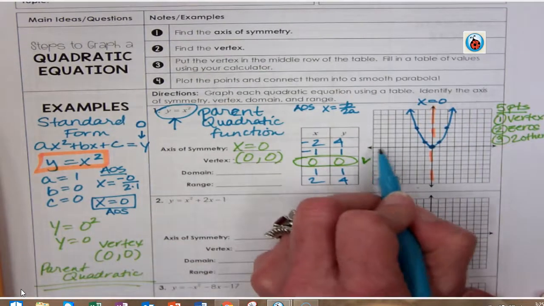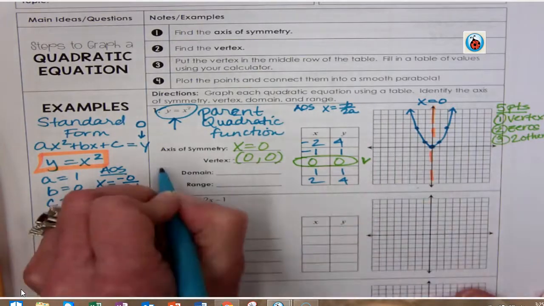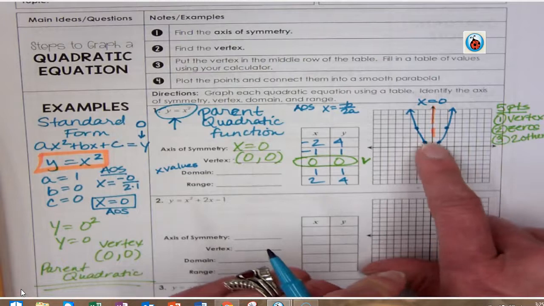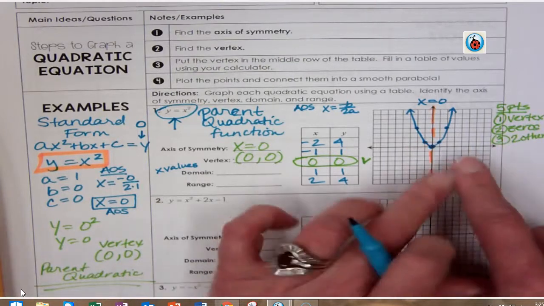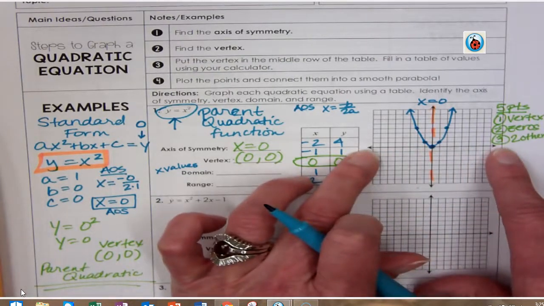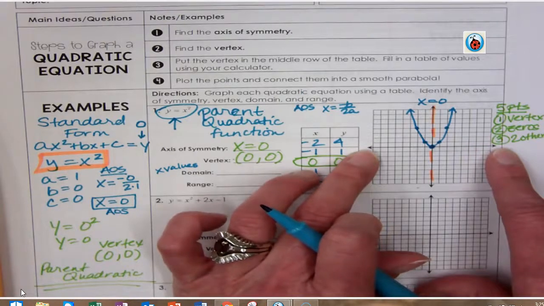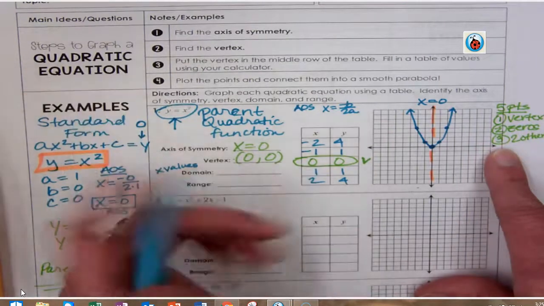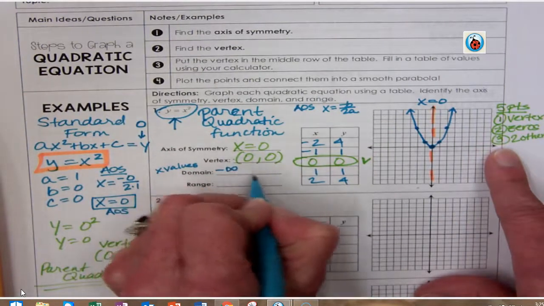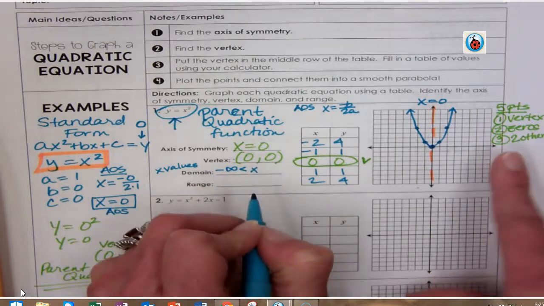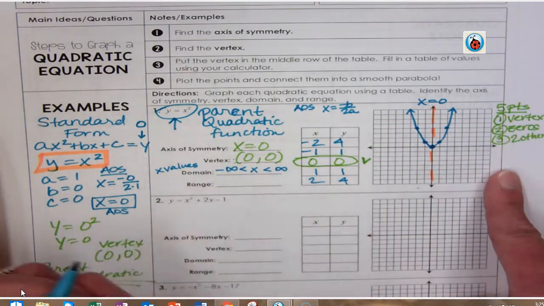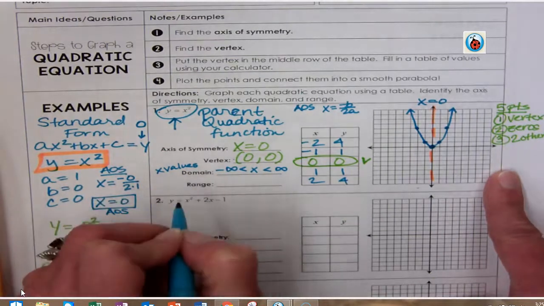The domain is basically your x values, and it is saying, looking at this parabola, what x values will be covered if this parabola were to go on forever? How far to the negative side is it going to go? Well, it's going to go all the way to negative infinity. And how far to the right is it going to go? It's going to go all the way to positive infinity. So that is including basically all your real numbers.